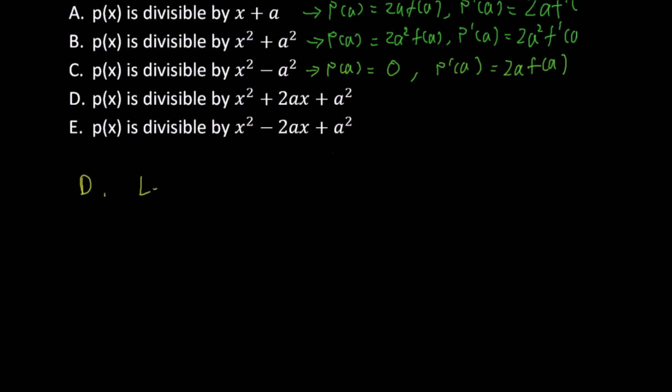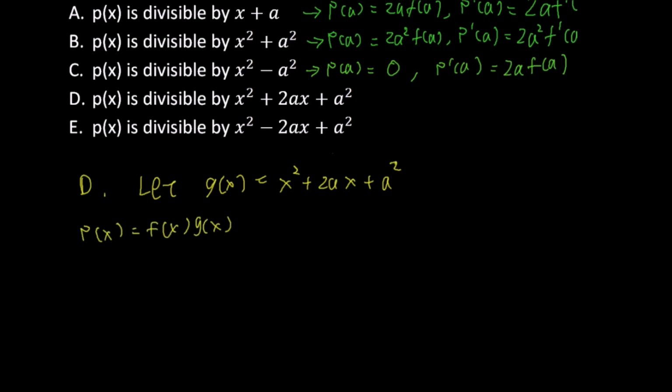D. Let g(x) equal x squared plus 2ax plus a squared. Okay. p(x) is equal to f(x) times g(x). We don't know what f(x) is, but we know what g(x) is, which is x squared plus 2ax plus a squared.